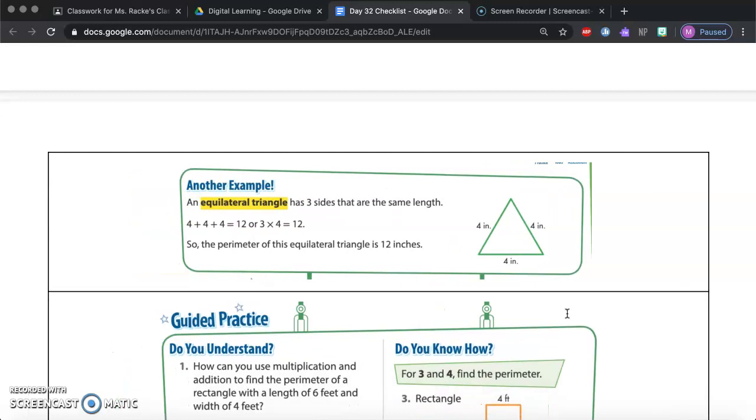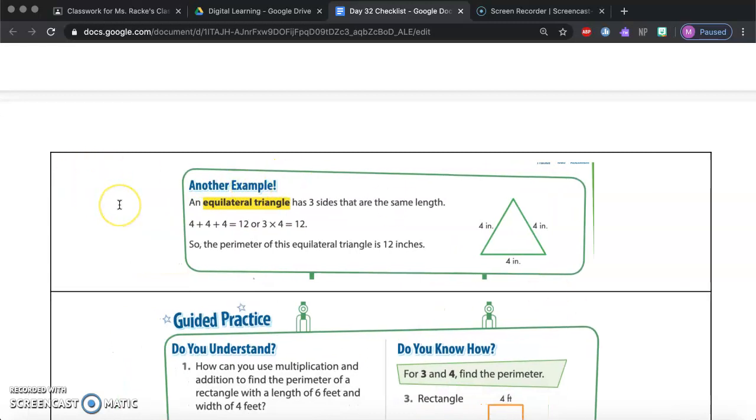We can do this for other shapes too. So another example is an equilateral triangle. So if we look at this triangle, all 3 of our sides are the same length. So if we were only given one side, the bottom being 4 inches, we can know that the other 2 sides are also 4 inches. And we can figure out by adding together all 3 of those numbers by saying 4 plus 4 plus 4.